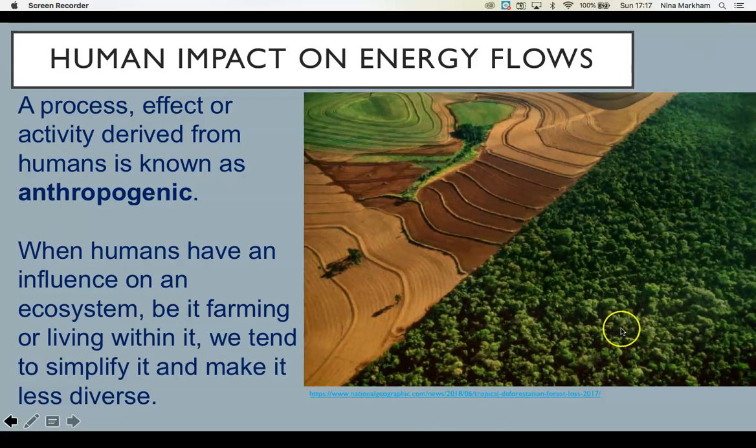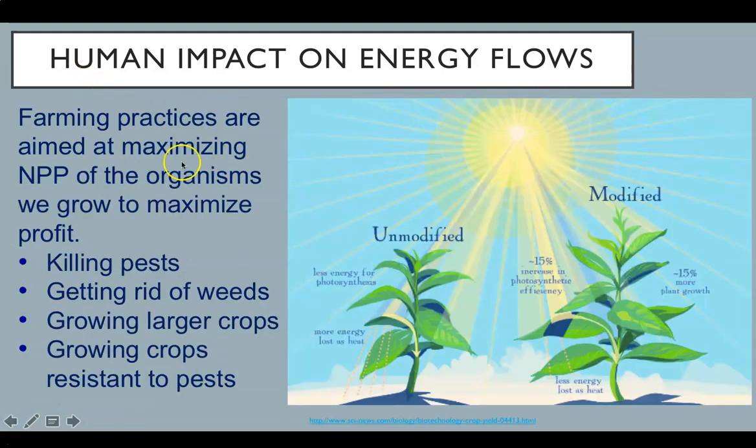Look at this example of deforestation of the rainforest in Iguaçu National Park in Brazil in order to plant crops. This is much more biodiverse than this. Farming practices are aimed at maximizing NPP of the organisms we grow to maximize profit.